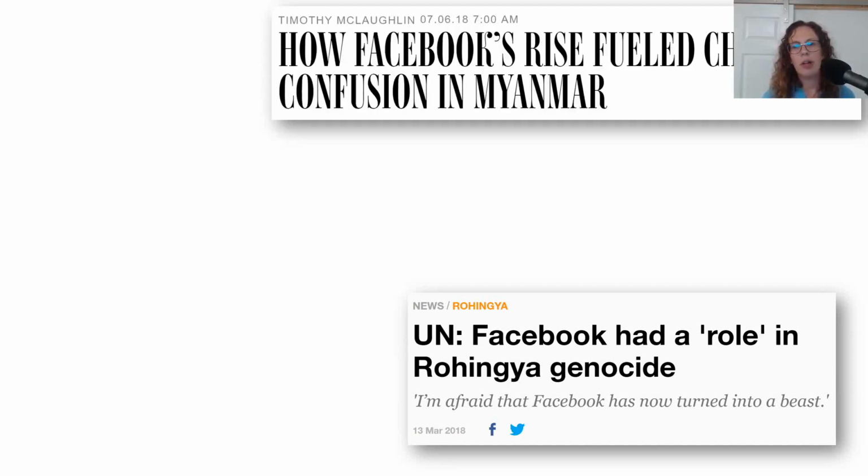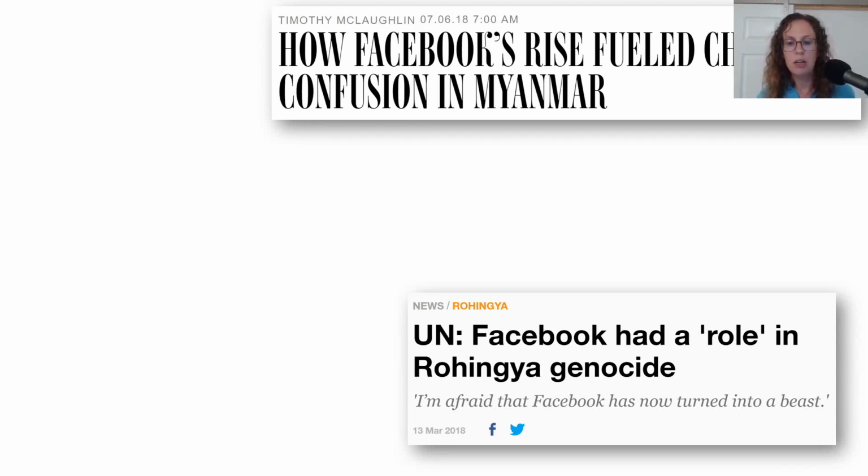I think the best article I've read on this was by Timothy McLaughlin, who did a super in-depth dive on Facebook's role in Myanmar, and people warned Facebook executives in 2013 and in 2014 and in 2015 how the platform was being used to spread hate speech and to incite violence.